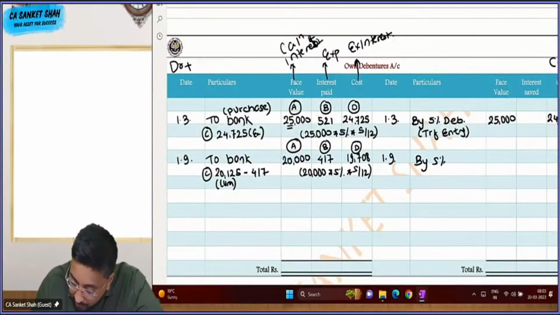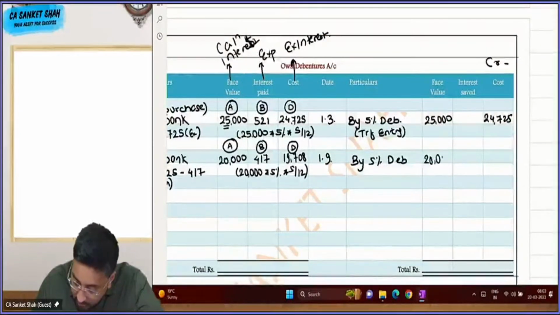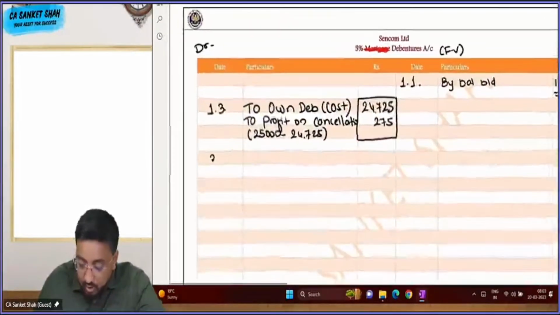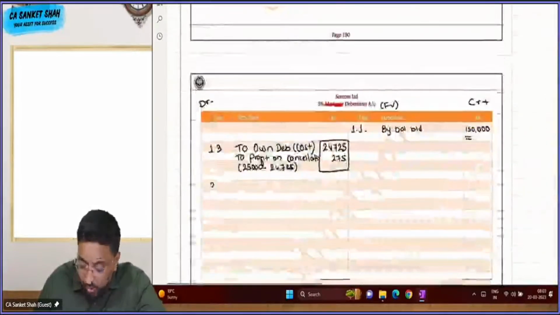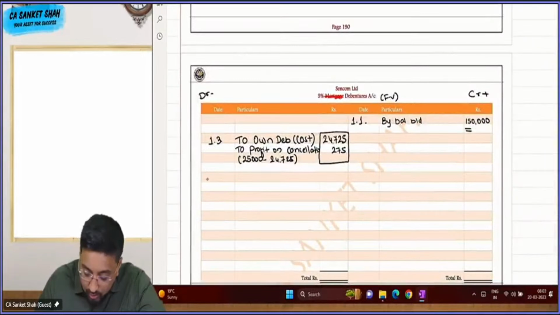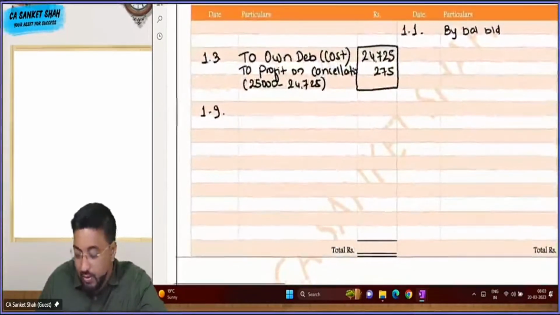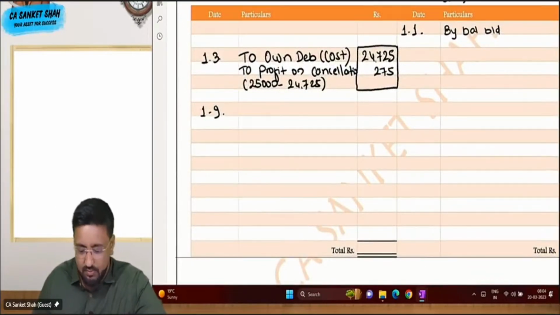By 5% debentures, 20,000 and 19,708. So now you only cancel it and tell me the profit on cancellation. What you are going to write? Chalo, you do now by your own and tell me the profit on cancellation.